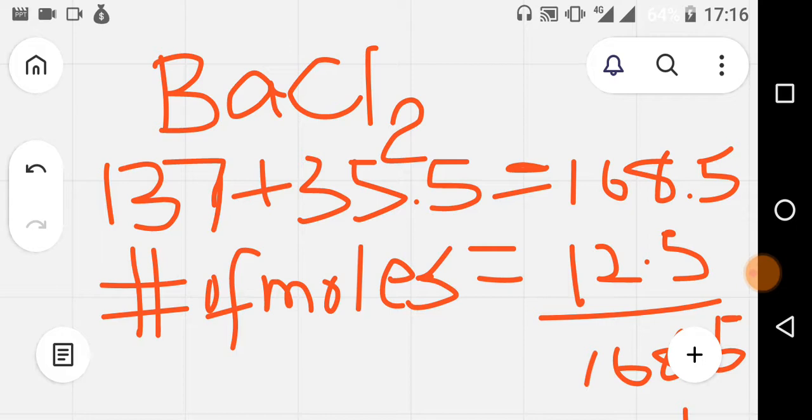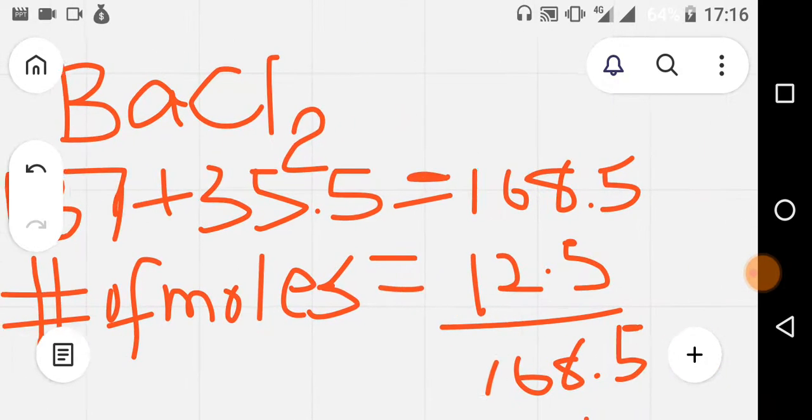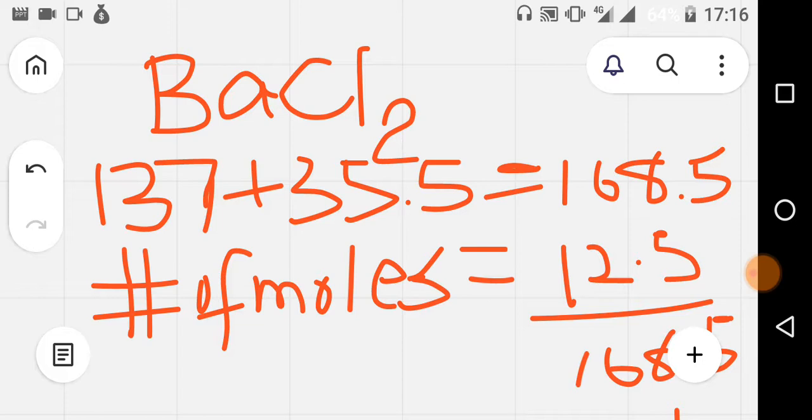But because it's point 0.3, I'm going to be using 137. Find barium on the periodic table, and look for chlorine.